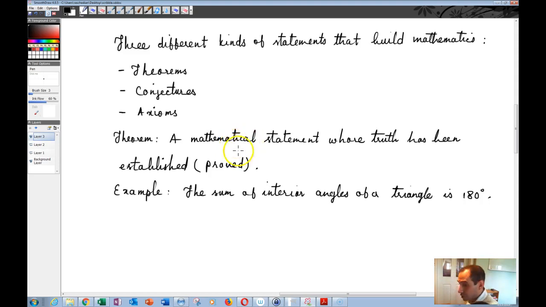Now a conjecture. The next thing that we have is basically a conjecture.